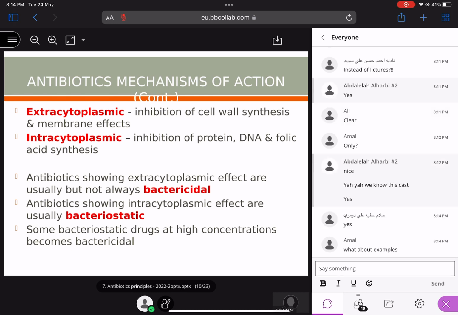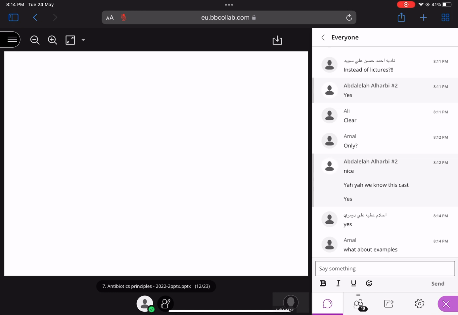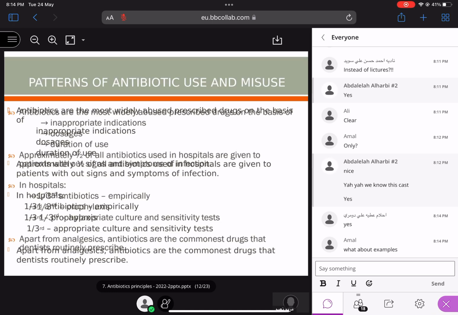Intracytoplasmic, extracytoplasmic. Bactericidal, bacteriostatic. And what are broad spectrum, narrow spectrum.